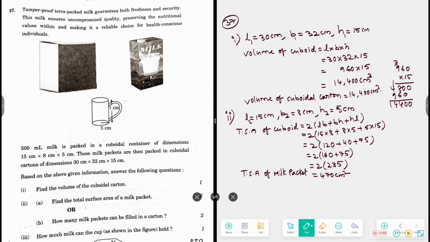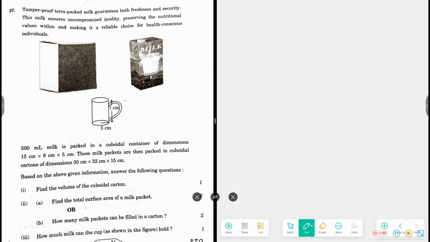We got the second question answer, but for the second question an internal choice is also given. Let's do that internal choice question also. Second question or another question for it: how many milk packets can be filled in a carton?